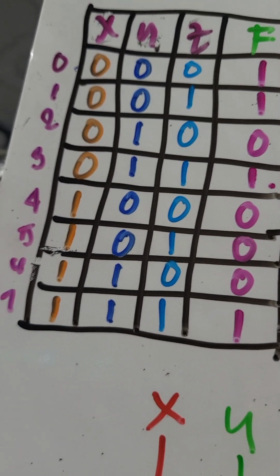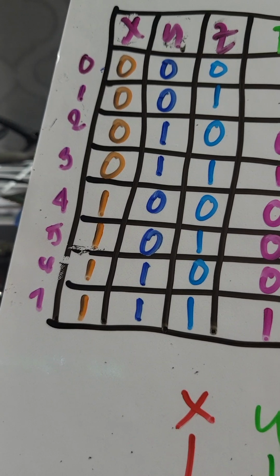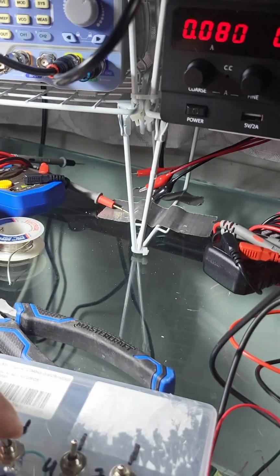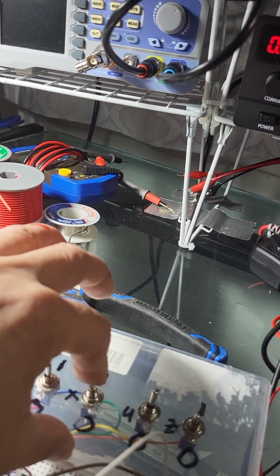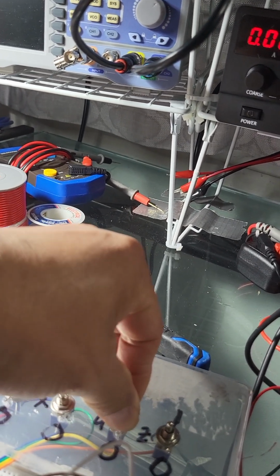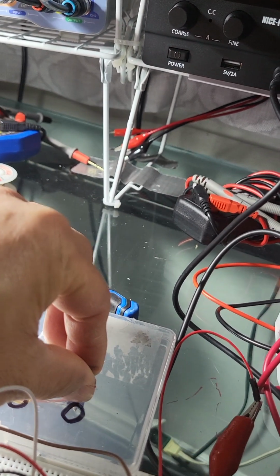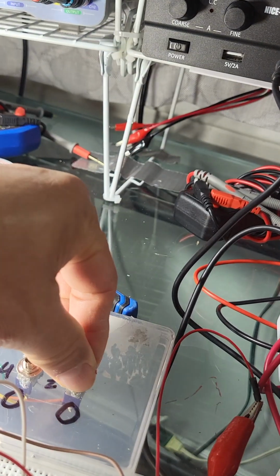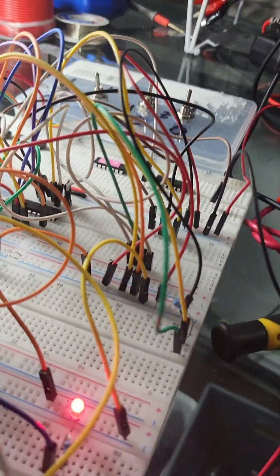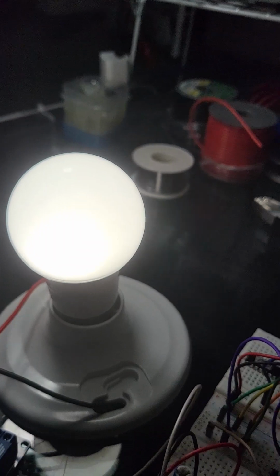And number 3 is 0, 1, 1. X is 0, Y is 1, and Z is 1. Okay, look at that, it goes on.